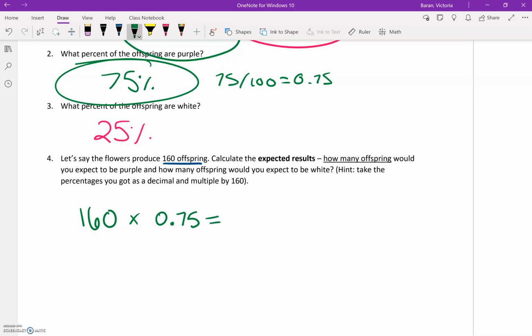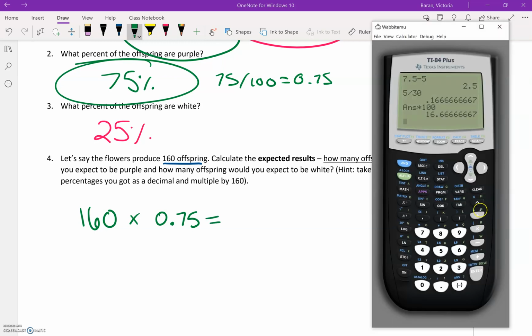All right, so I'm going to do, in my calculator here, 160 times 0.75, because we're finding out if we had 160 offspring, what's 75% of that 160? Because according to our Punnett square, that's what we would expect to be purple.